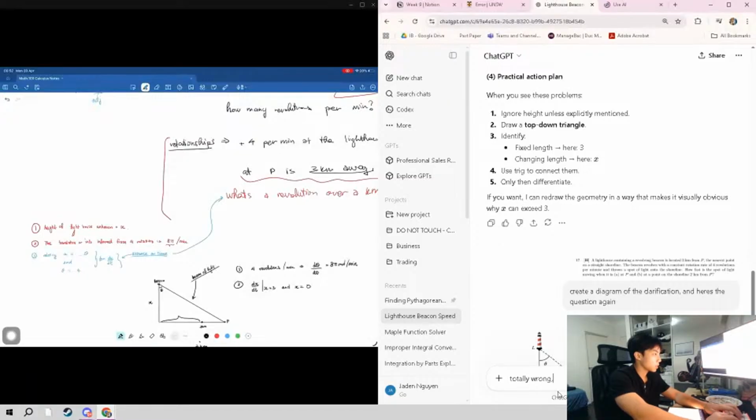The picture's been totally wrong. If you read the question, the lighthouse comes away from P, and P is a point on a straight shoreline. So P has to be 3 kilometers horizontal away.